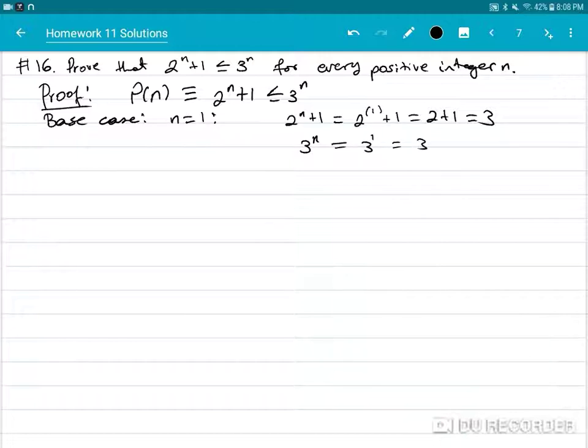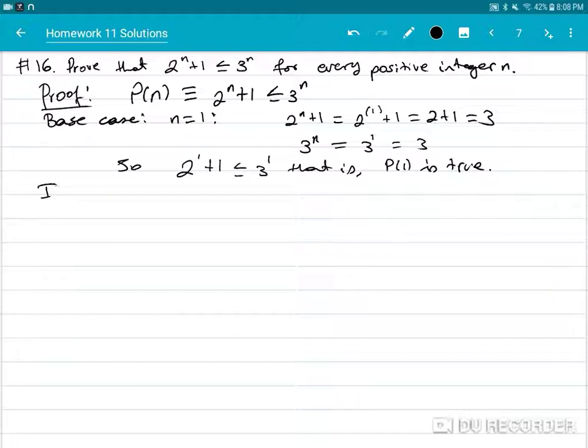This is 3, so they are equal. Okay? So because they are equal, we can say that 2 to the power of 1 plus 1 is less than or equal to 3 to the power of 1. That means that P(1) is true.